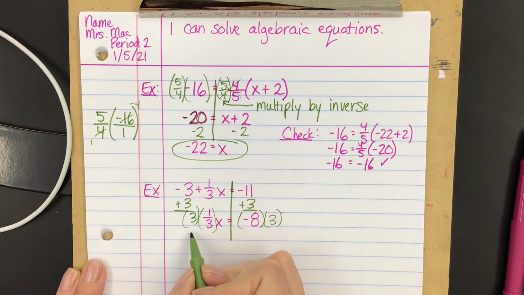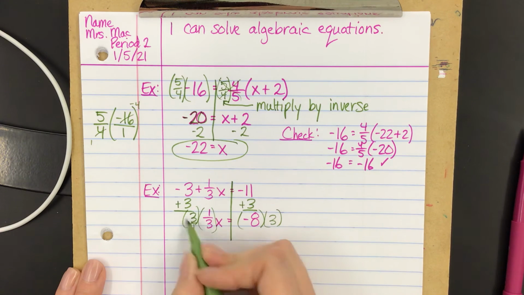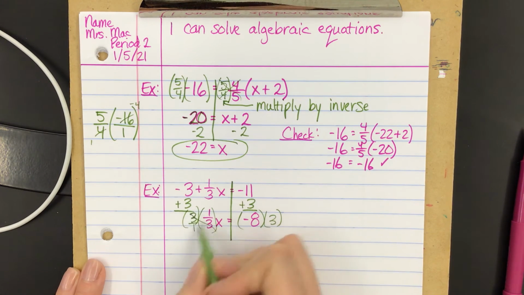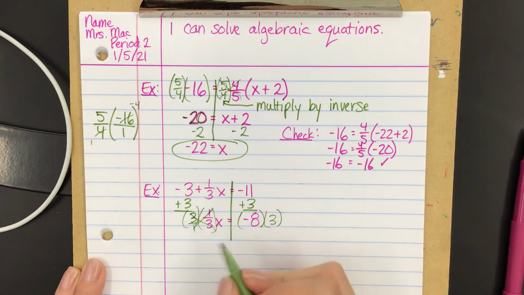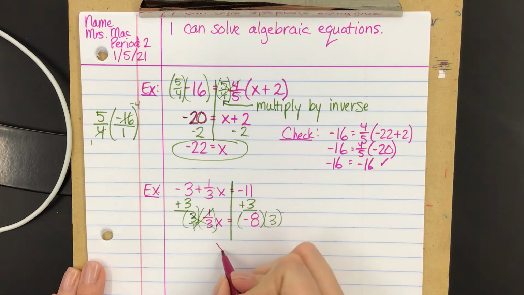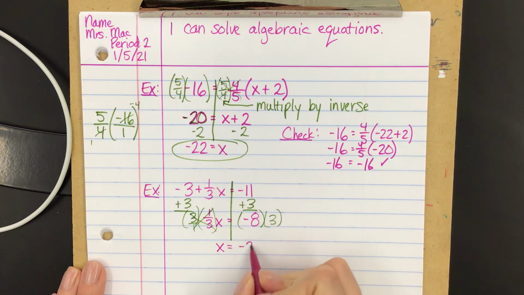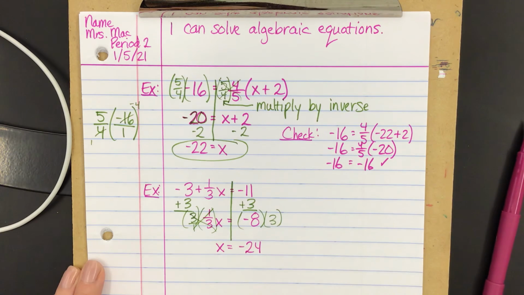Now remember, there's an imaginary 1 under that 3. Sometimes if it helps you, you can just put that little 1 under there so you can see exactly how it cancels. But 3 divided by 3 is 1. 1 divided by 1 is 1. And so all you're left with on this side is your x. And then -8 times 3 is -24.